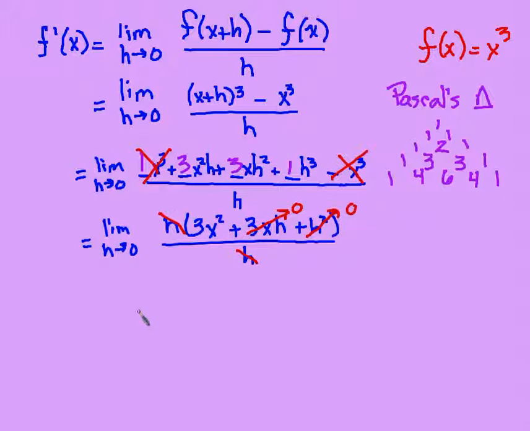So what we end up with is that the limit as h approaches 0 is 3x squared. And just to remind ourselves, this is the derivative of this function up here, the x cubed function. Its derivative, we've just proven, is 3x squared.